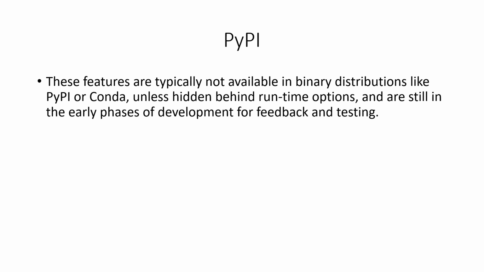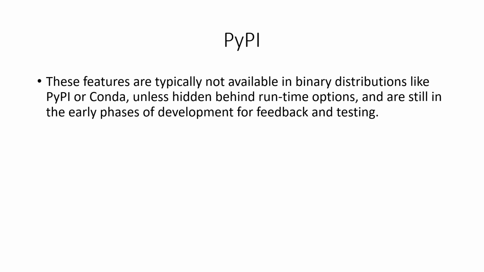PyPI is the default software repository for Python developers to store PyTorch software. It is a package manager, and it installs packages from sources, which can resolve dependency checking and some other issues.